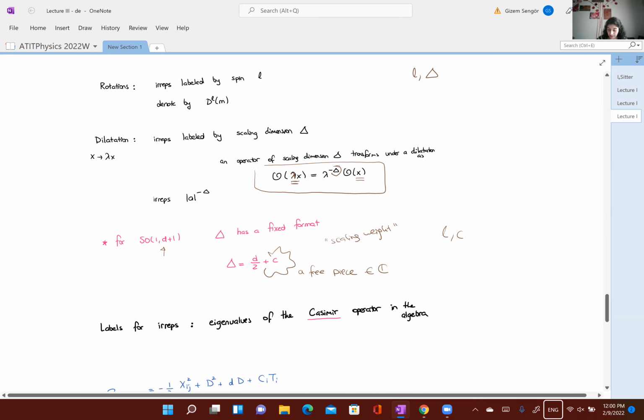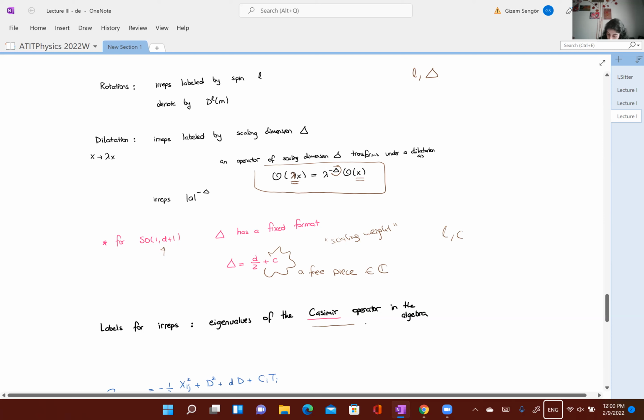These generators are the basic elements of the Lie algebra, but you can compose more complicated structures from them. You can add them together, you can multiply them with each other, you can make more composite operators out of them.